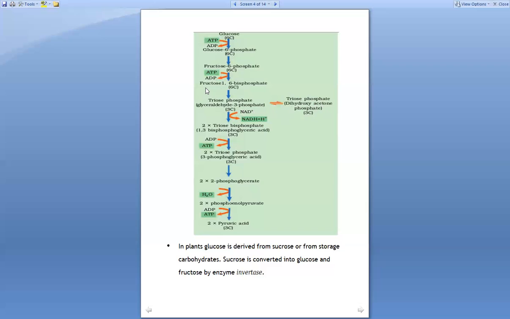The first is this fructose 1,6-bisphosphate, the 6-carbon compound, which gets converted to the first molecule, the triose phosphate, simply known as glyceraldehyde 3-phosphate, right? Here the division takes place: from 6 carbon, 3 carbon is separating and 3 carbon is separating. The first which is formed is glyceraldehyde 3-phosphate.